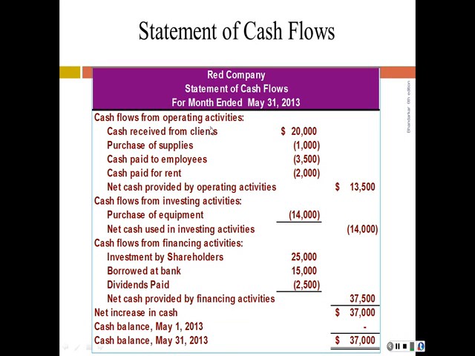It is broken down into three categories: cash flows from operating activities, cash flows from investing activities, and cash flows from financing activities. Within each of these categories, we list inflows and outflows of cash, and that helps explain how we got the balance of cash on the balance sheet. This is the same amount that you saw as cash on the balance sheet.